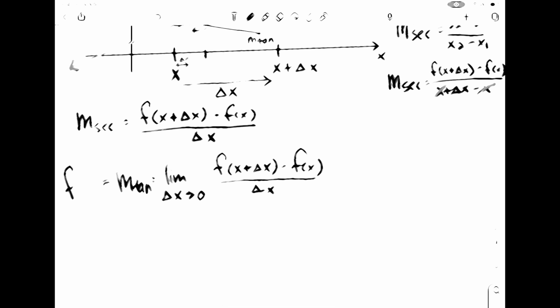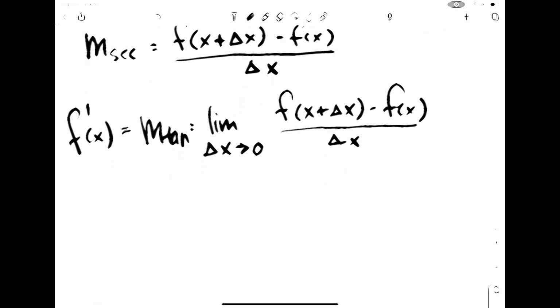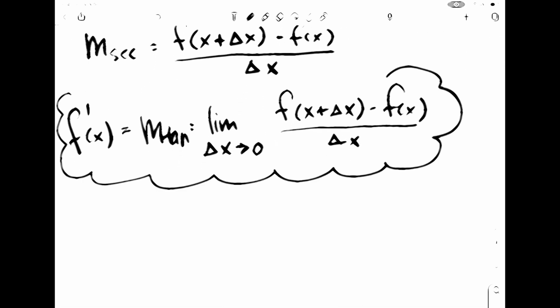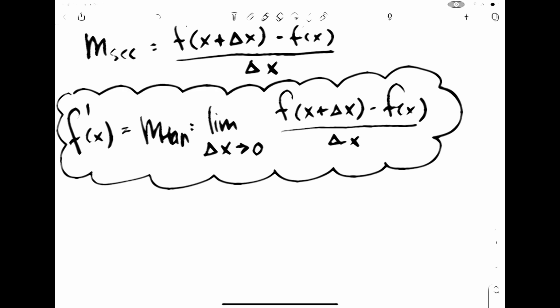And we call this the derivative, and we designate it as f dash of x. So this here is what we call the difference quotient. When you're asked to find the derivative using the difference quotient, this is what you use. The derivative we've designated as f dash of x.